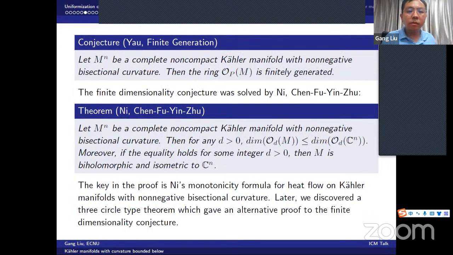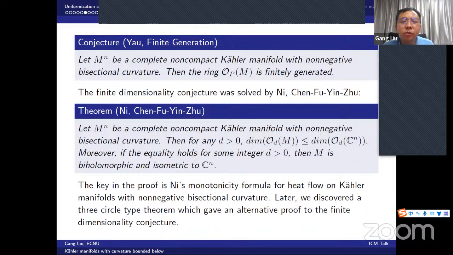Also the finite generation conjecture says that if we have a complete non-compact Kähler manifold with non-negative bisectional curvature, then the ring O_P(M) is finitely generated.